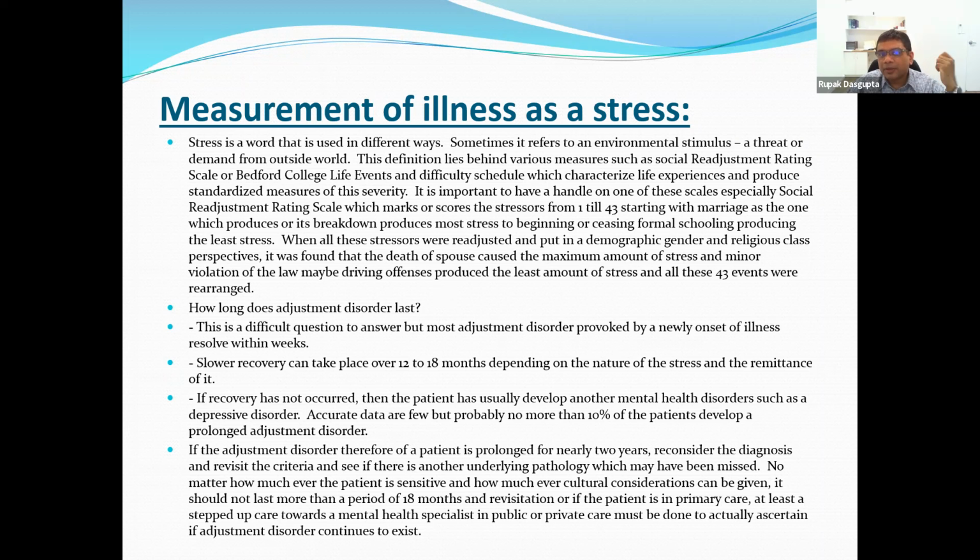Have a read through them. The Social Readjustment Scale has 43 criteria. They have used demographics, culture, and all those things to reorganize them. We know that death of spouse is the top criterion, and avoidance of school or work is the least of the stressful criteria on this particular rating.